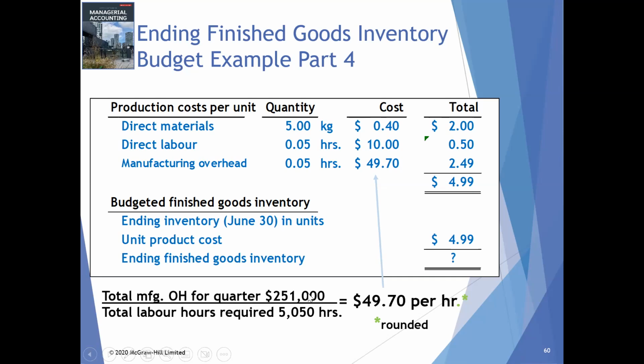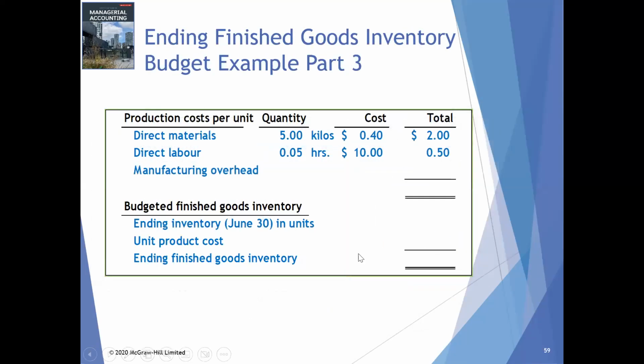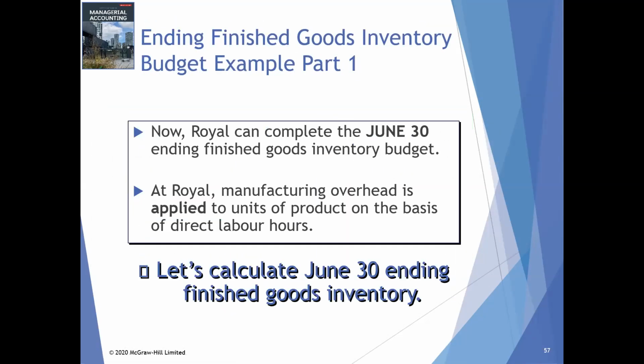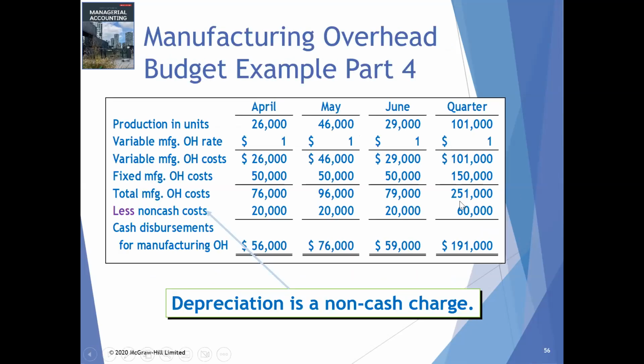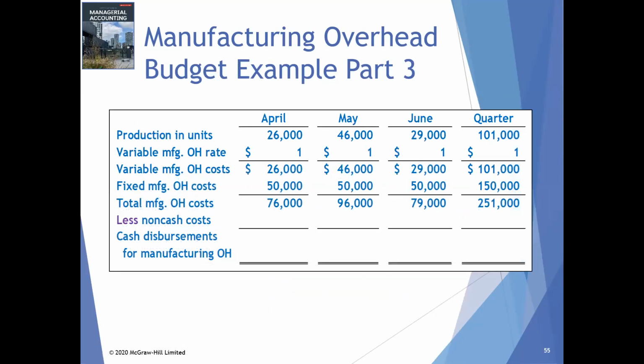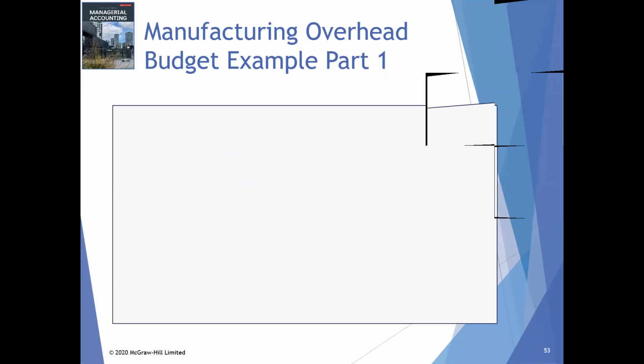You can see here, 251,000 is the manufacturing overhead, and how many total hours are required is also available.